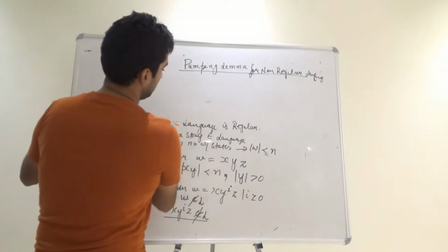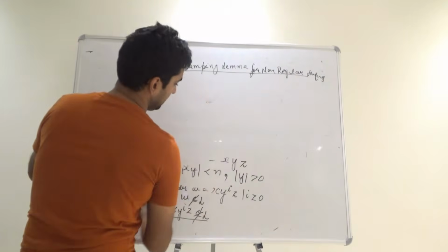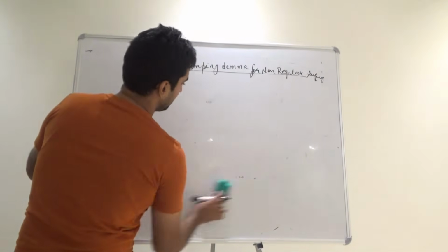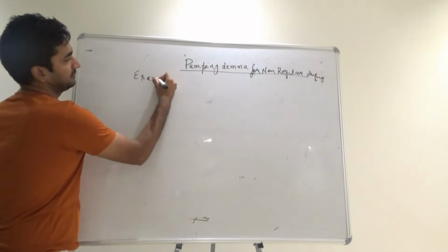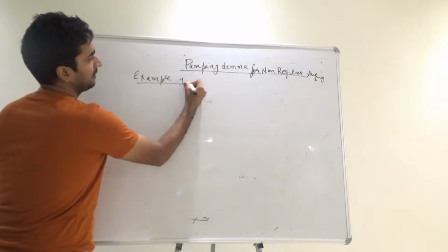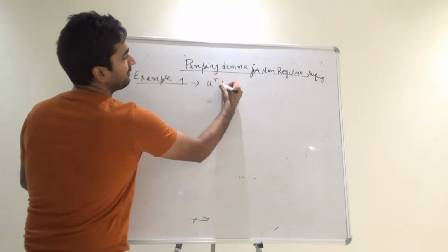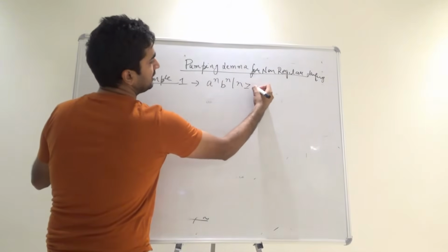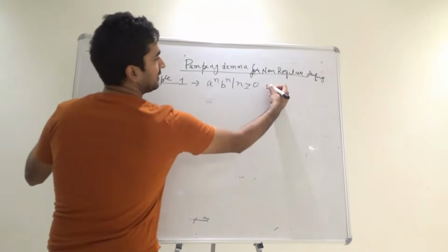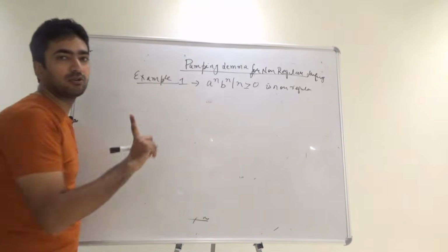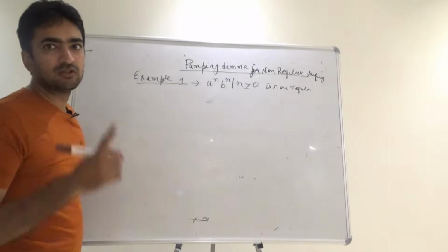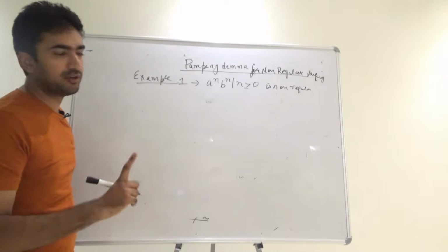The first example that comes to my mind is we have to prove a power n, b power n, n greater than or equal to 0, is non-regular. Clearly we know that a finite automaton cannot be made for this. So how are we going to prove that this is non-regular?